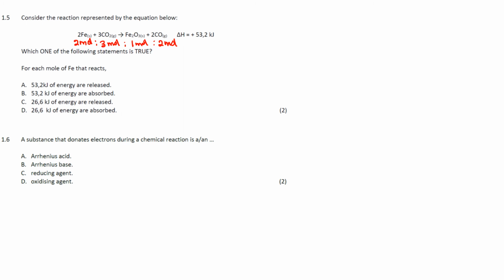And for this reaction, delta H is positive 53.2 kilojoules. So that's the change in the enthalpy, or it is also called the heat of the reaction. It is greater than 0, and that means that the reaction is endothermic.